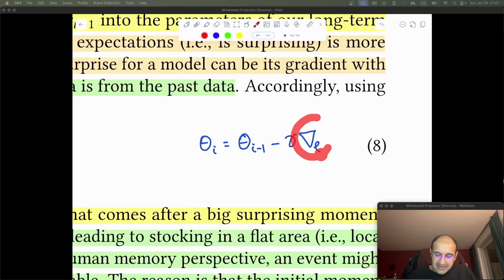The gradient tells us how we should change the parameters in order to maximize the loss, but we move against the direction of this gradient, and that's why you see a minus sign. So we update the parameters in the direction opposite to the one that would maximize the loss. So we update the parameters to reduce the loss.